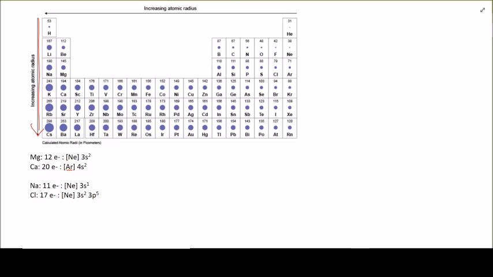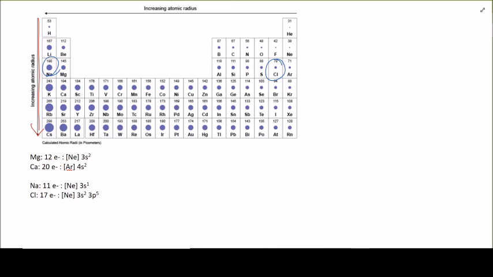Let's take a look at the trend going left to right and right to left on the periodic table. So if we take sodium and chlorine, for example, both are of the same energy level. However, let's look at the effective nuclear charge.